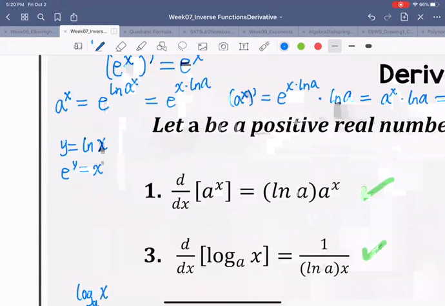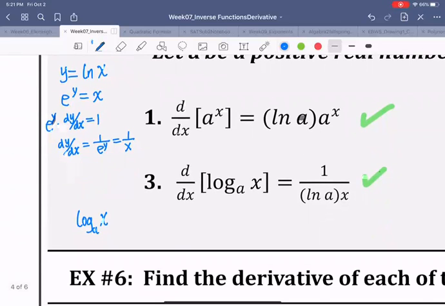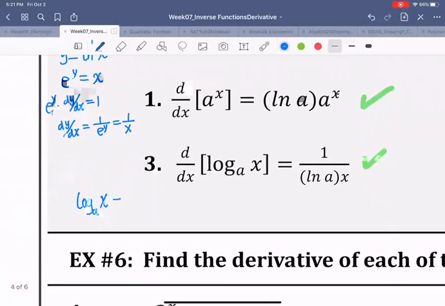Then you do the derivative for both sides. This guy's derivative is e to the power y times dy over dx, and that equals 1. So dy over dx equals 1 over e to the power y, which is 1 over x.